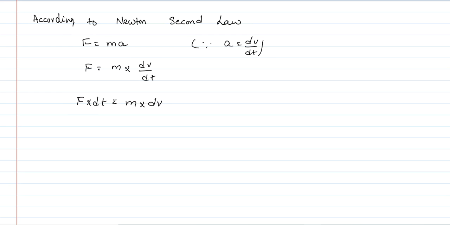If you integrate both sides, you will get the total force into the time interval, and mass into change in velocity. So integrate on both sides under the limits 1 to 2. If you integrate both sides, it is nothing but impulse.